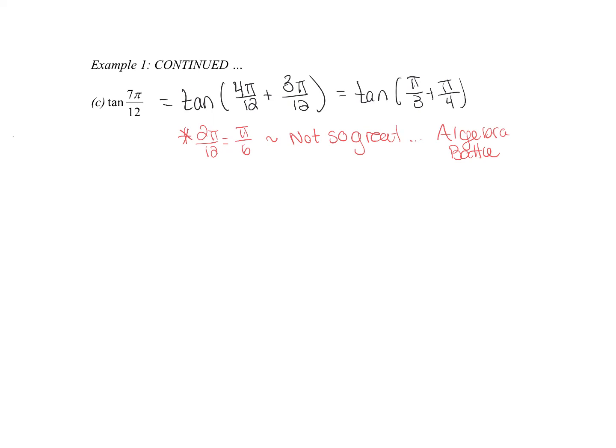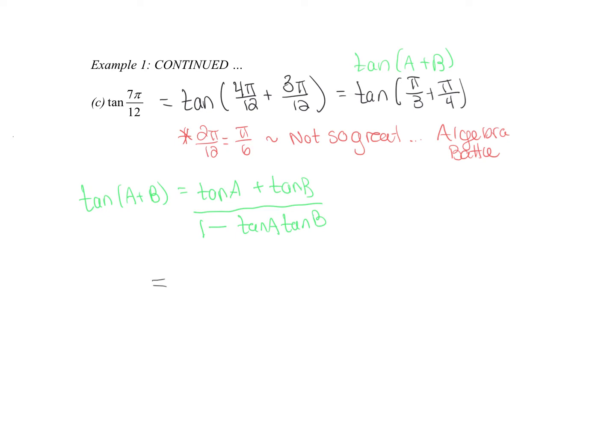So the formula for tangent of a plus b equals tangent of a plus tangent of b, and then we divide by 1 minus tan a tan b.